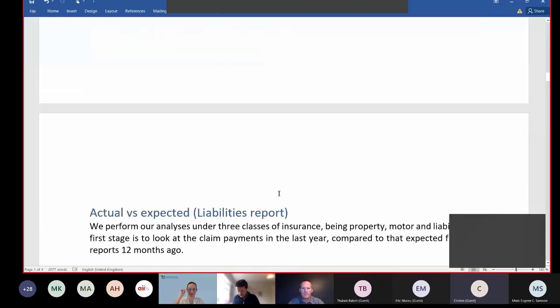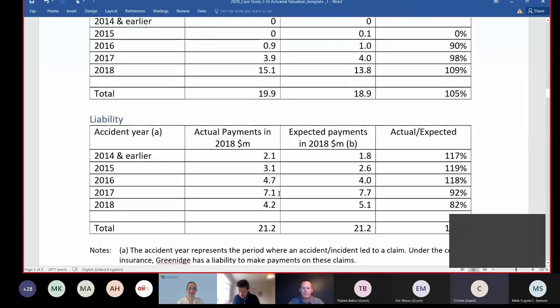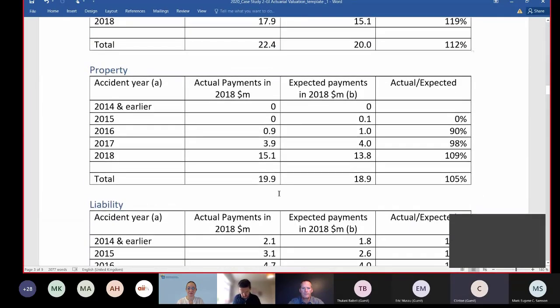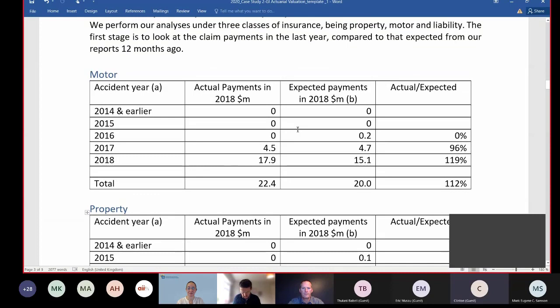We realized that the methodology there was a little bit relaxed when you look at the actual versus expected over the years, but we were yet to delve deeper and assess it. So we realized for the property, we're doing a little bit over what we expected to pay. So the actual versus expected was 112%.